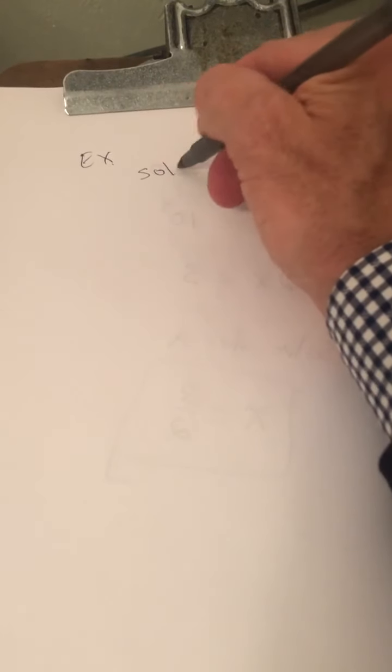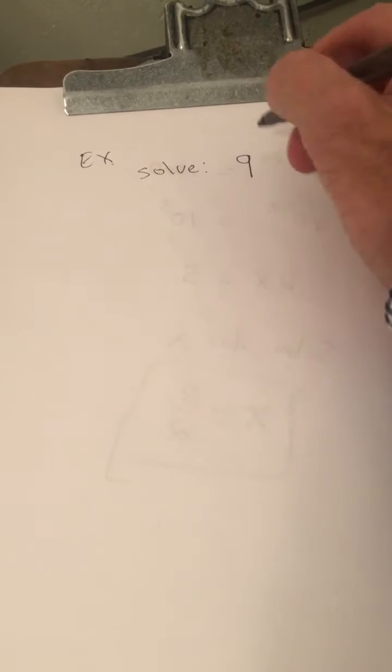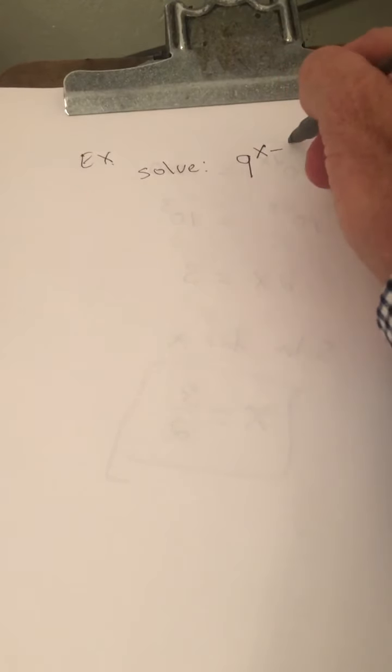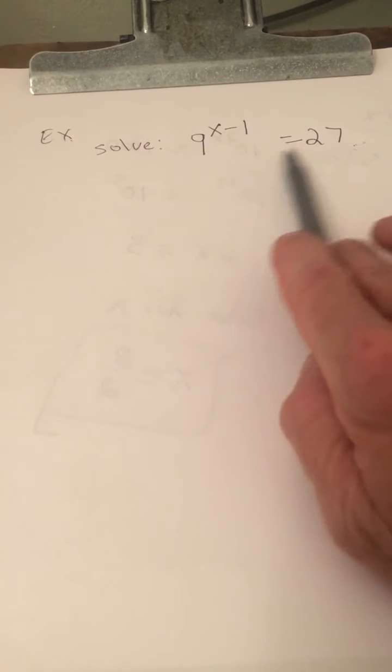Let's say we're asked to solve the equation 9 to the x minus 1 equals 27. Now, for this particular problem, there's more work that we have to do. It's not the case that one side is so simple that we don't have anything to do on that particular side. So what we have to do is we have to decide, well, what base are we going to use?